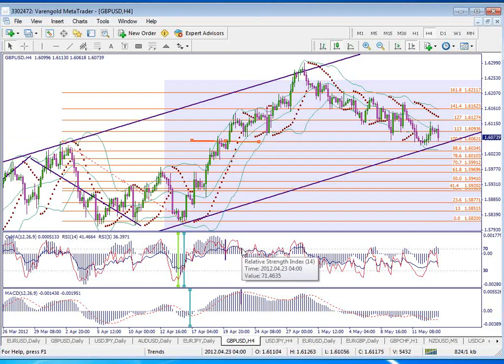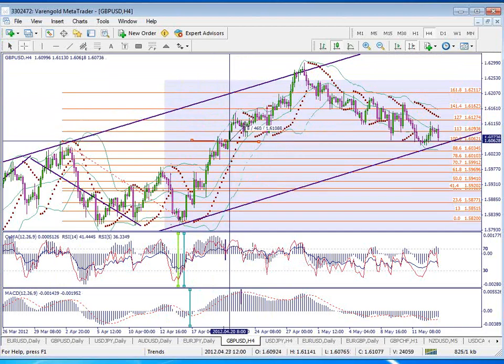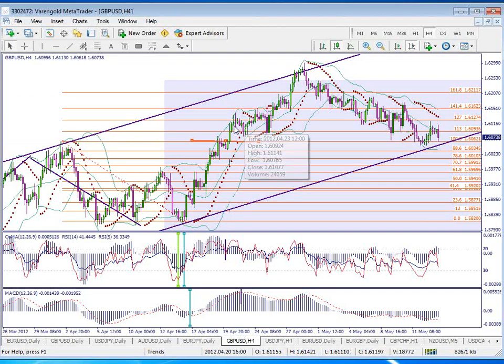So maybe up to this signal here, I have about 8 candles. It means something like 1 day or so.